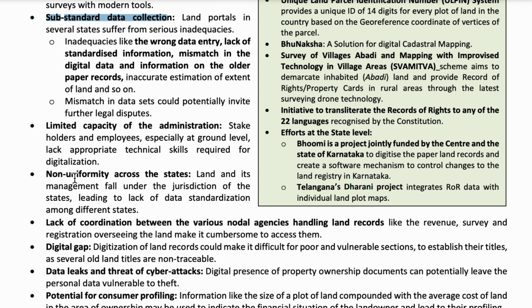And the next is, there is a greater risk of cyber attacks and data thefts. So when land records are transferred into a digital system, there are security issues, like the data which is online can be changed, and security management should also be very strong. So there are some issues regarding those.